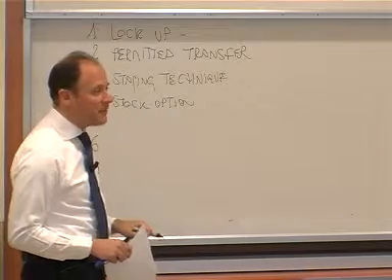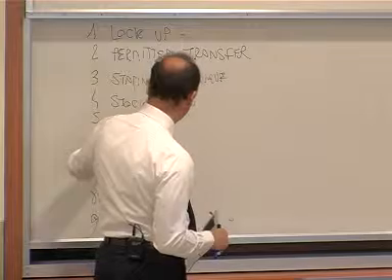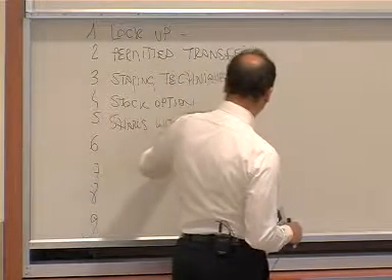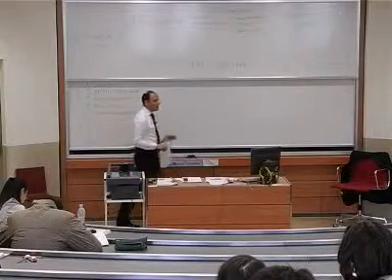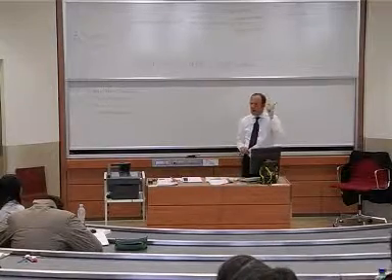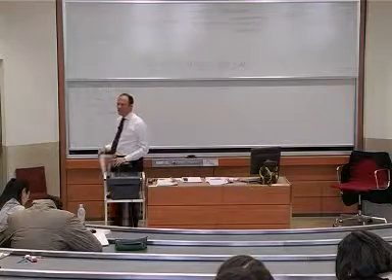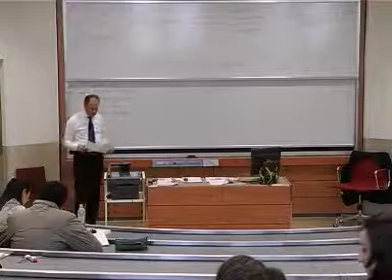Golden rule number 5 is shares with embedded option, where shares with embedded option sometimes are called callable and puttable shares. Okay? In the trivial language of practitioners, we do prefer to say callable and puttable shares.